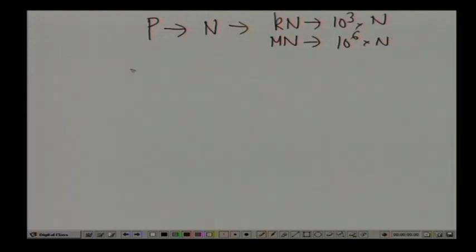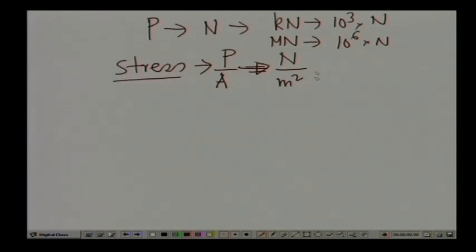Now, we define another parameter which we call stress, which we will be looking into in a few minutes. Stress we define as the force per unit area. The unit of force, as we have seen, is Newton and area is meter square. So, the unit for stress is Newton per meter square, and this is called Pascal, Pa.